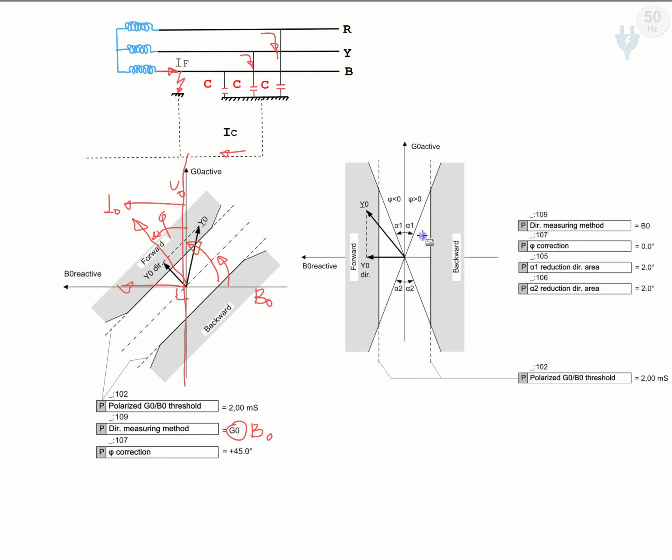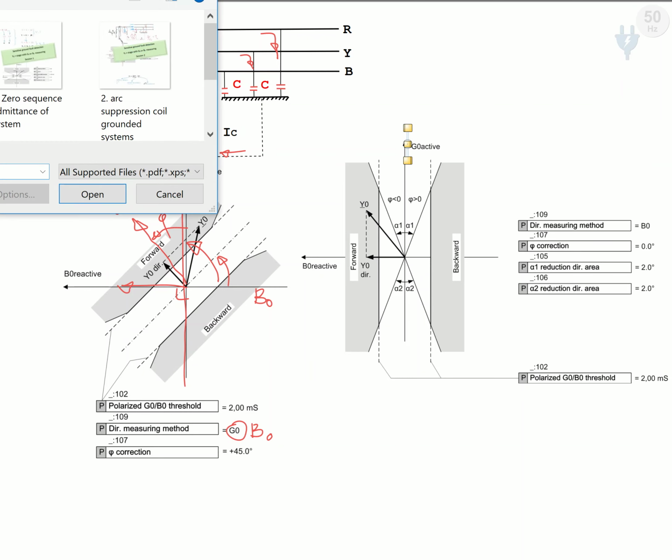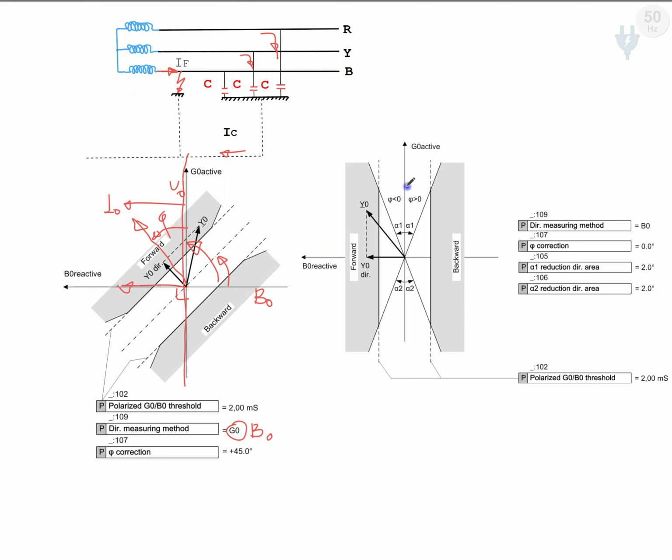This is our axis, in this direction. This is our symmetrical axis right now, and this is our Y0, the component which is perpendicular to this symmetrical axis. This is Y0 directional.